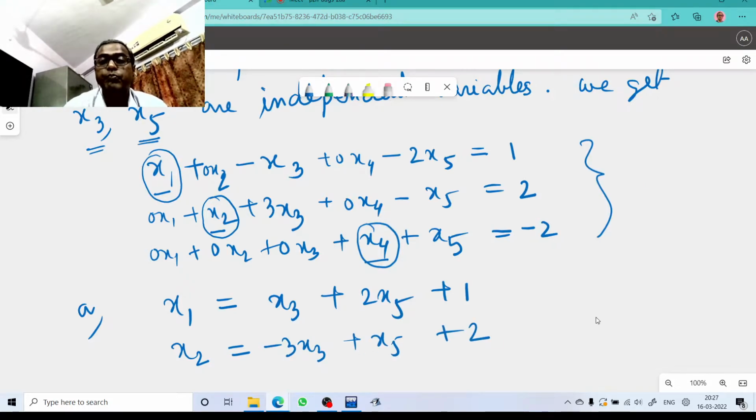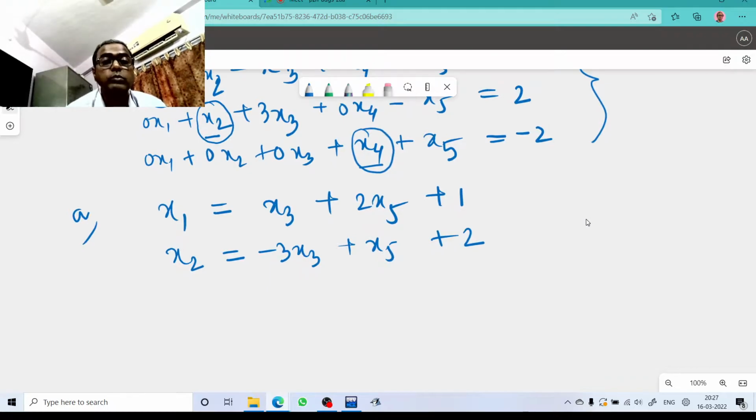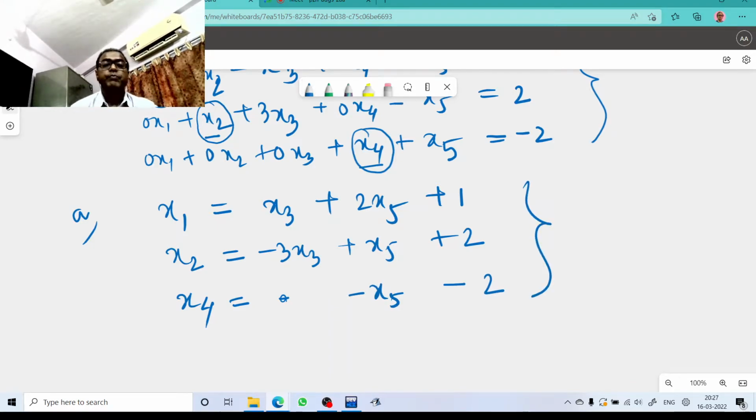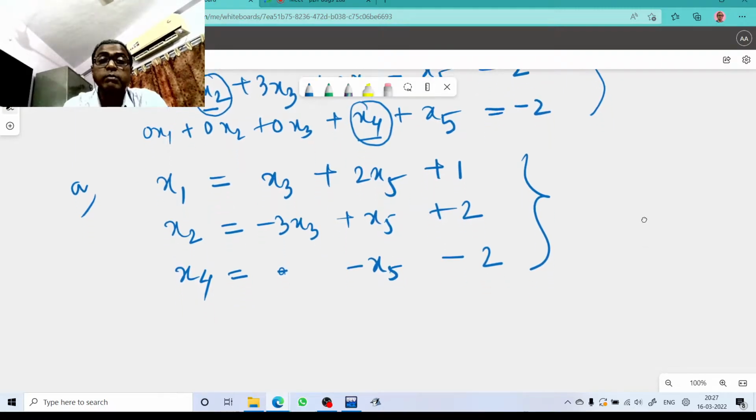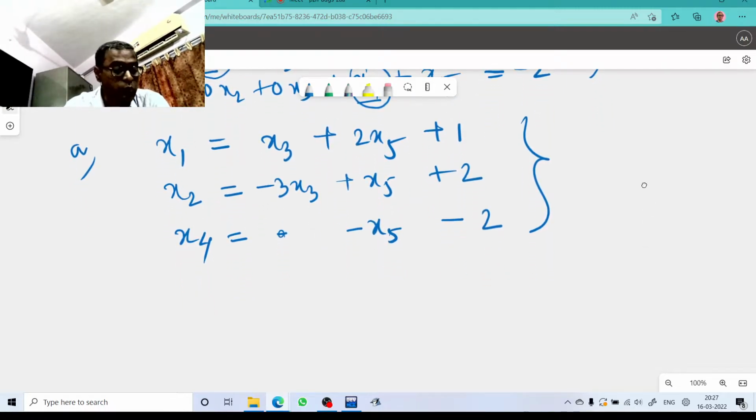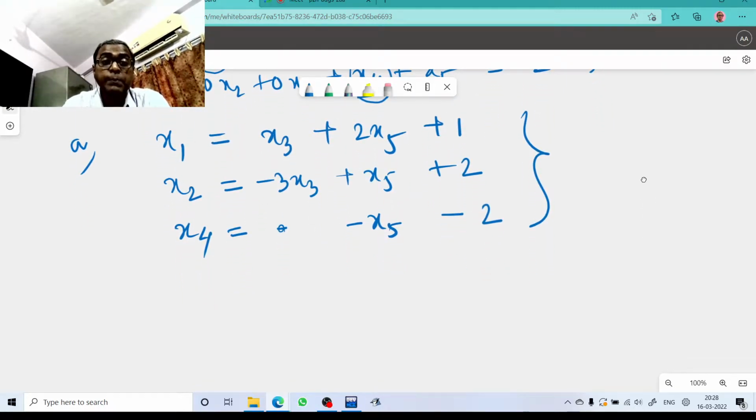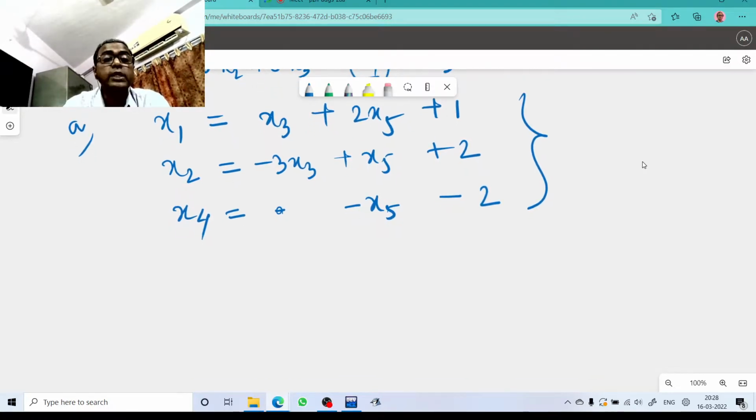And from the third row, x4 is a dependent variable, so x4 equals minus x5 minus 2. Remember that x3 and x5 are independent variables, and x1, x2, x4 are dependent variables because they come from the leading ones.